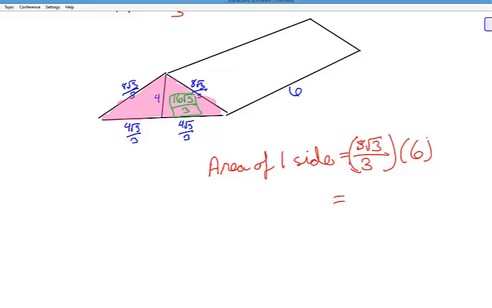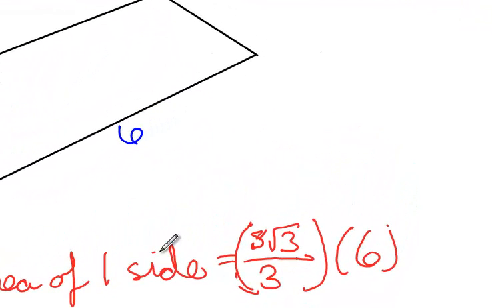I'm going to multiply that out, and I get 48 times the square root of 3 divided by 3. I need to simplify this, and I get 16 times the square root of 3. Okay? So the area of one side is going to be 16 times the square root of 3.